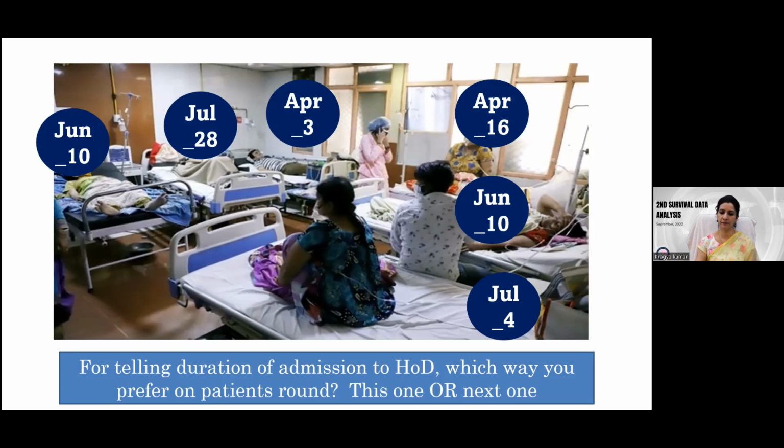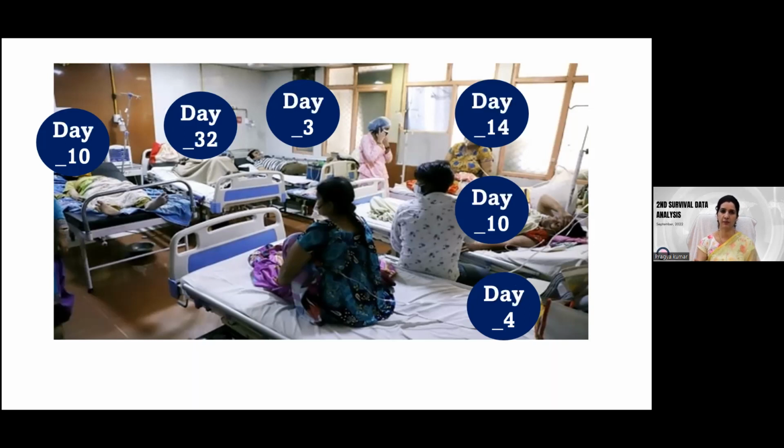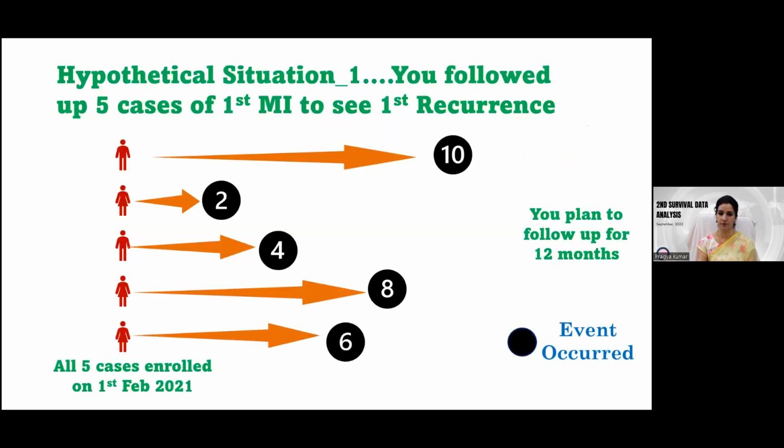So we prefer to tell the next way. You say that this patient is admitted, this is the 10th day in the hospital, 32 days in the hospital, 14th day, 10th day, and so on. So you always tell the duration. Like today when I have gone, I'm there. And if the patient has been admitted previously, so this is what day of admission.